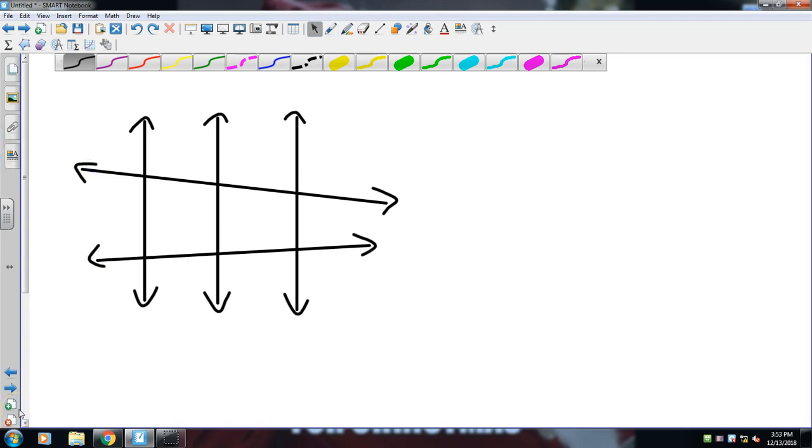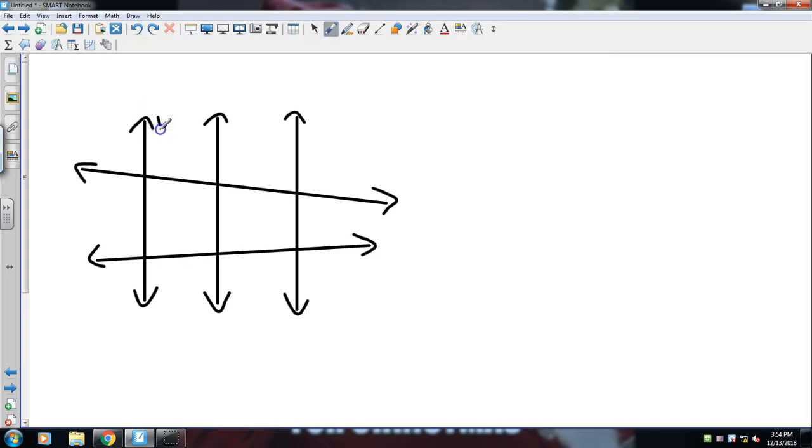We're going to label this R, S, T. And this will be line L, and this will be line M. Okay, so R, S, T, L, and M.